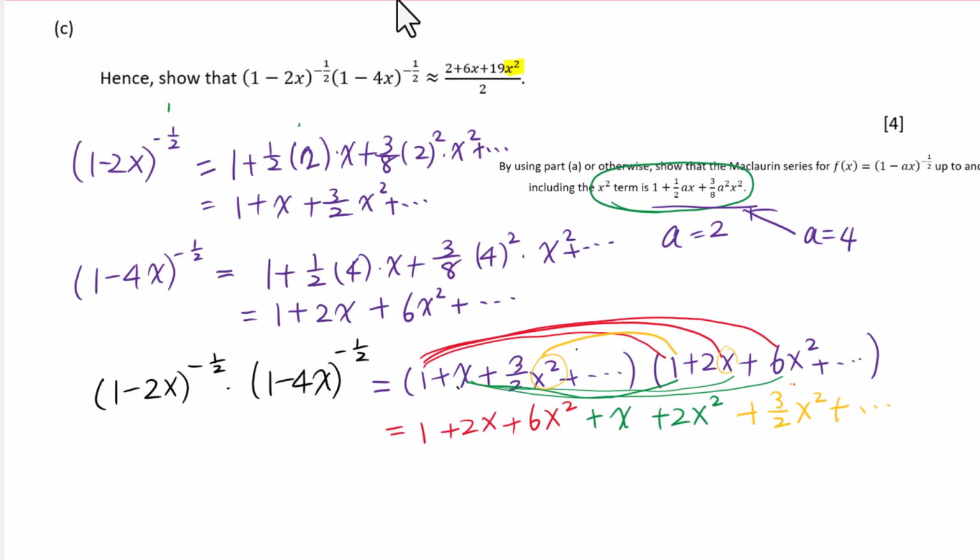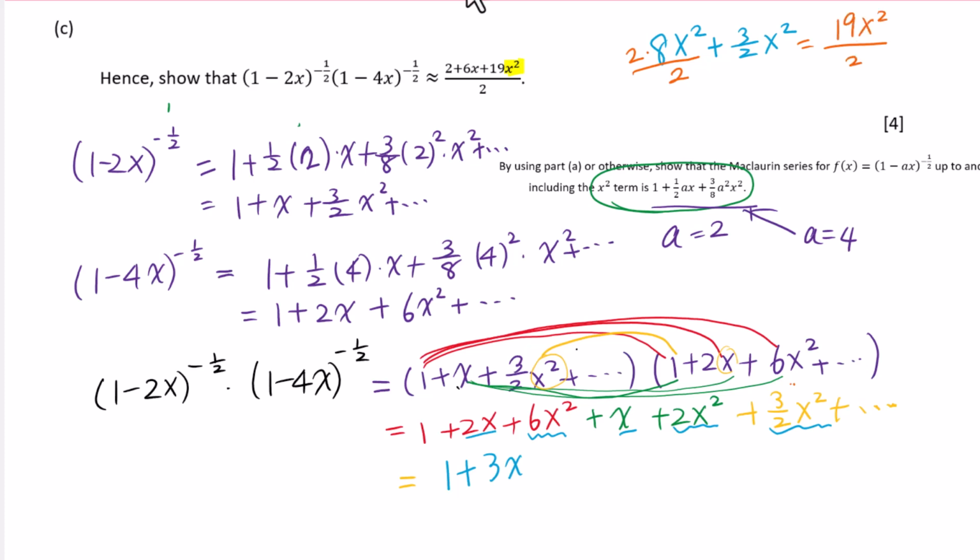Then add. Combine like terms. 1 plus 3x. 6x squared plus 2x squared is 8x squared, plus 3 over 2 x squared. Get same denominator. So we get 19x squared over 2.